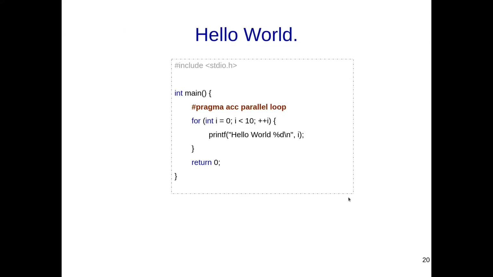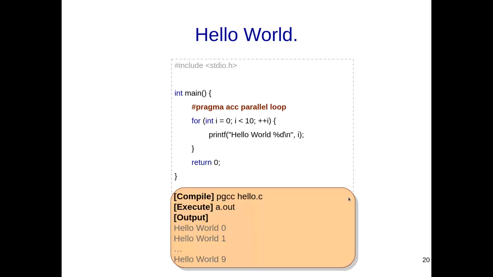If I don't have this pragma, then the CPU is just going to print this hello world 0 to 9, right? But I want this to be offloaded to the GPU. That is one. Second thing is I want this to be running in parallel, right? So these were the two changes which we are suggesting the OpenACC compiler to do. And let's see if it is able to do that.